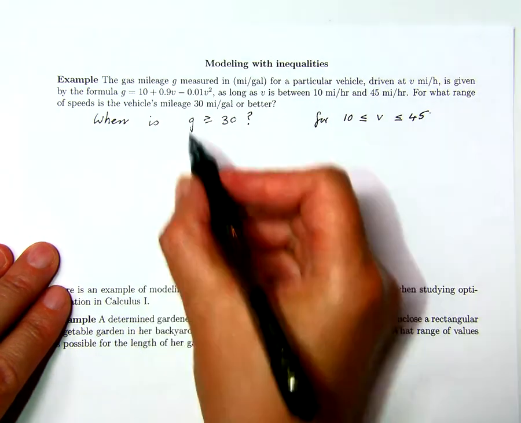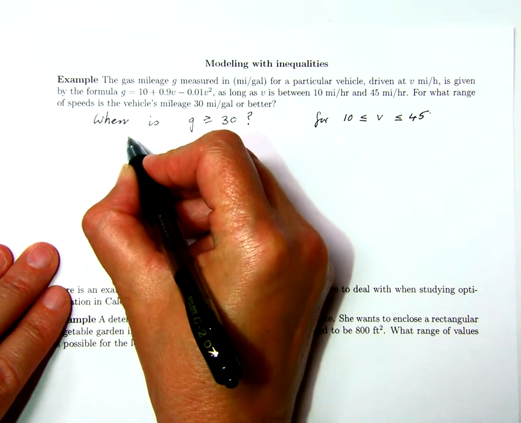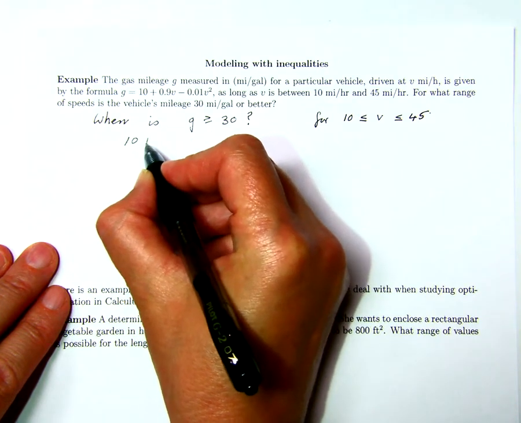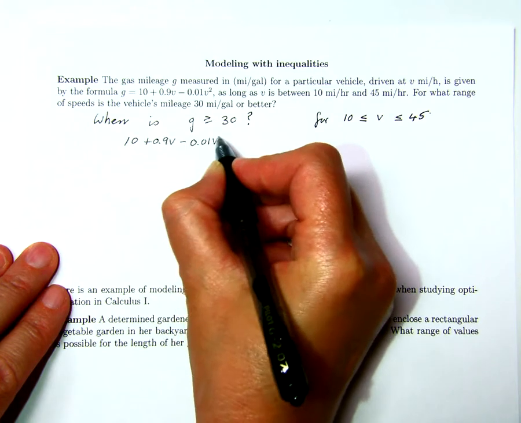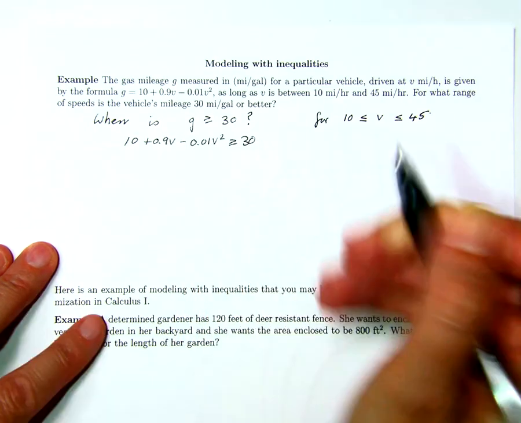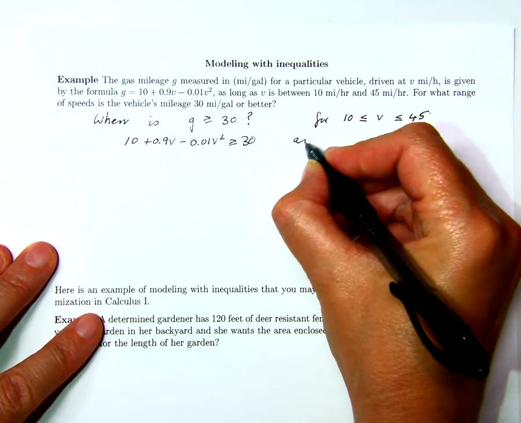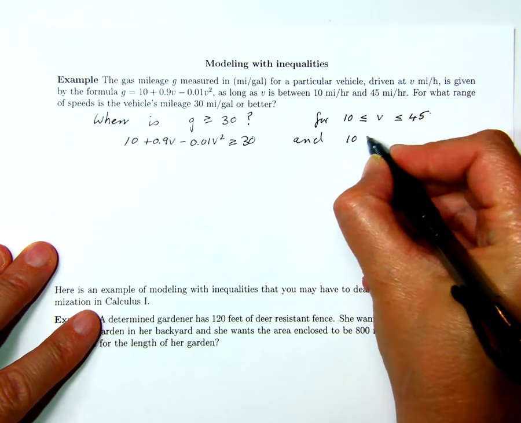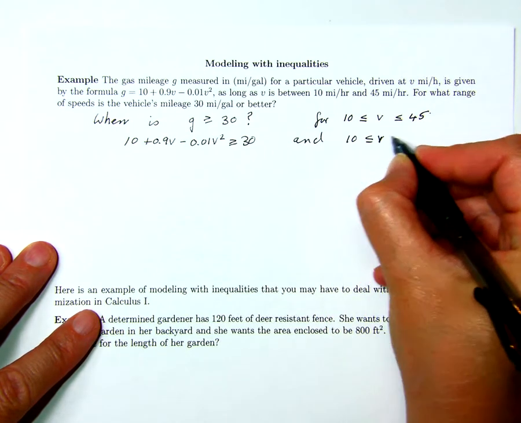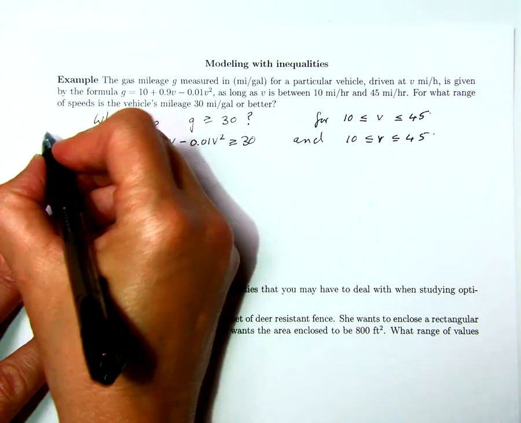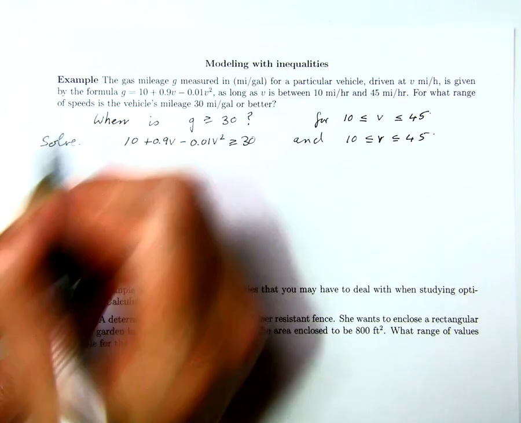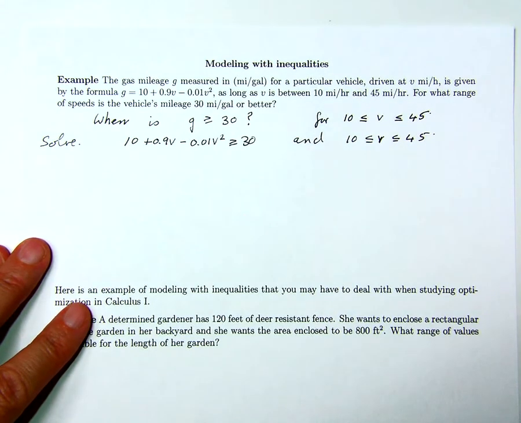So we get two inequalities. We want to solve 10 plus 0.9V minus 0.01V squared greater than or equal to 30 and V between 10 and 45. So our question is, can we solve these simultaneous inequalities?